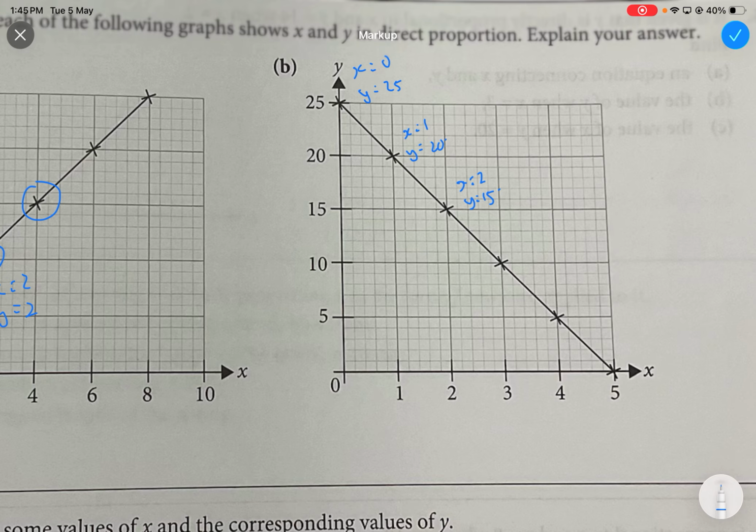Okay, same also, they don't have a direct proportion. Direct proportion, the more x you have, the more y you have. But now the more x you have, the lesser y you have. So they are not in direct proportion as well. Different reason, but all these are not direct proportion.